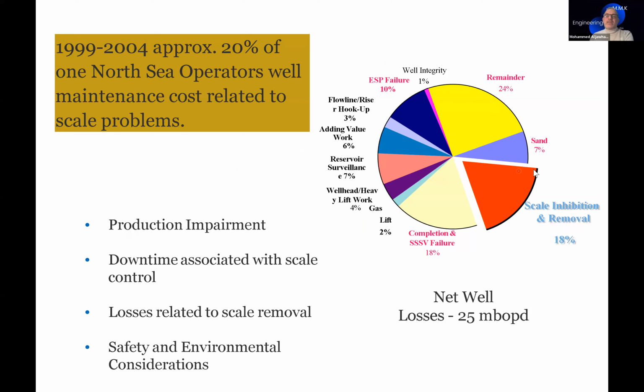It is a big consideration and part of the problem inside the wellbore and field production. The production lost may be about net well 25 MBD, 1,000 barrels per day. So it's a big amount of loss regarding the scale.